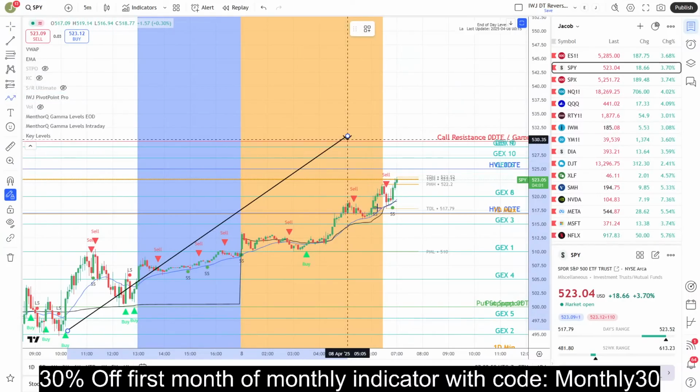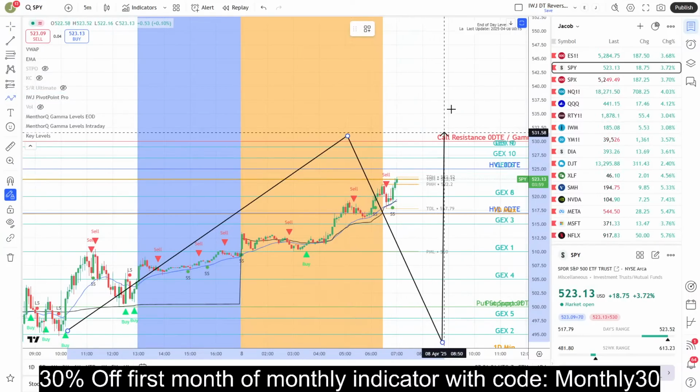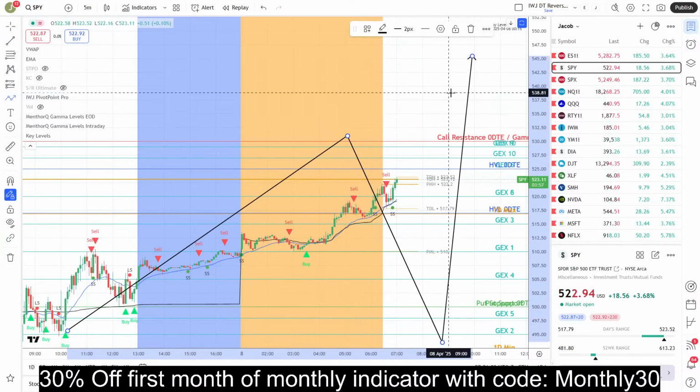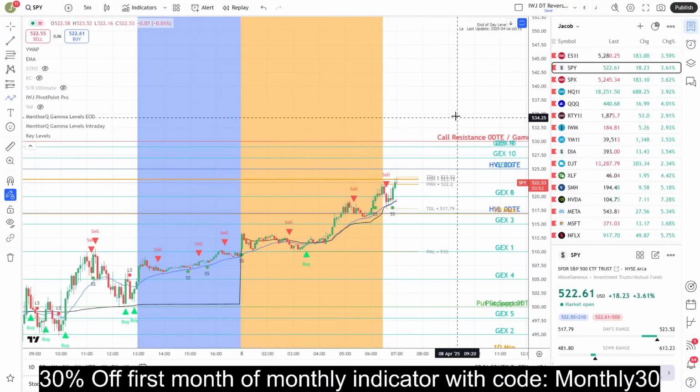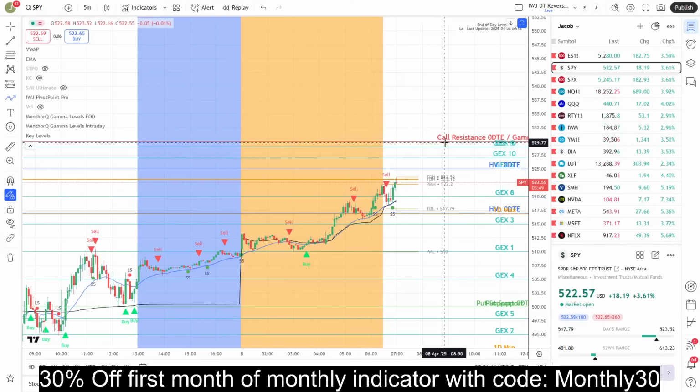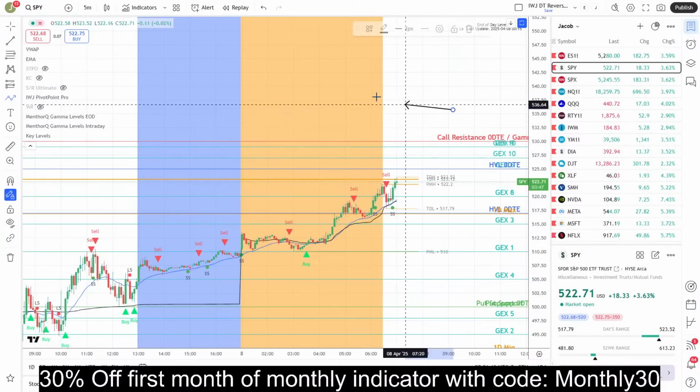So you'd be looking at this being A, and then a B wave pullback, and then C back up toward that 5600 to 5800 ES area. That would be what I'd be looking for, and I'd like to see them hold this 530 call resistance here.